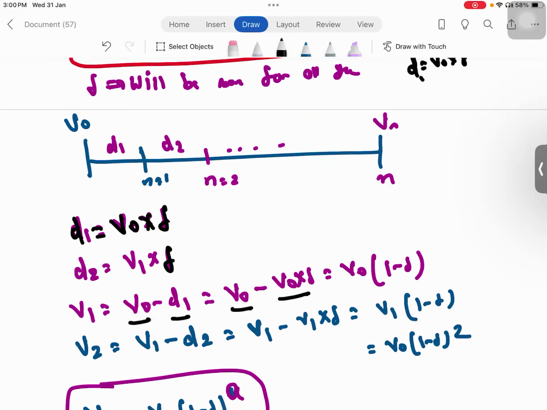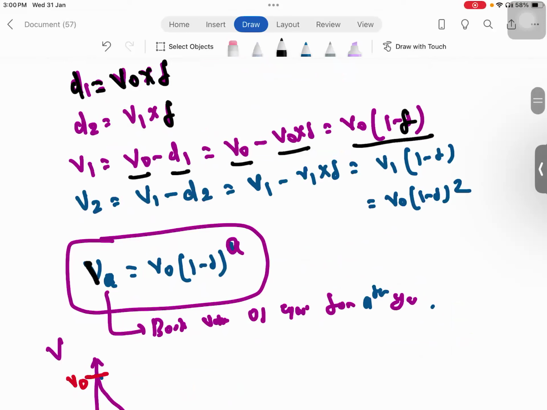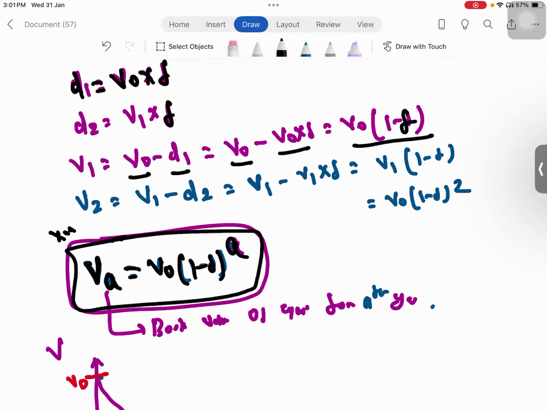Similarly, if you substitute all these values, finally you will get the book value of the equipment after A years, that is equal to V naught into (1 minus F) whole to the power A. So this is a very important formula that you have to understand and remember while calculating the depreciation by the declining balance method, right?